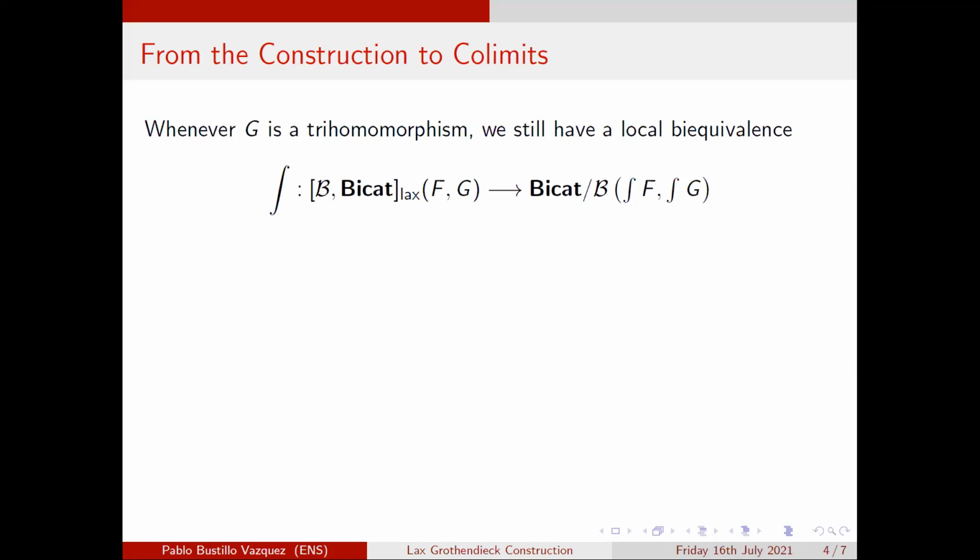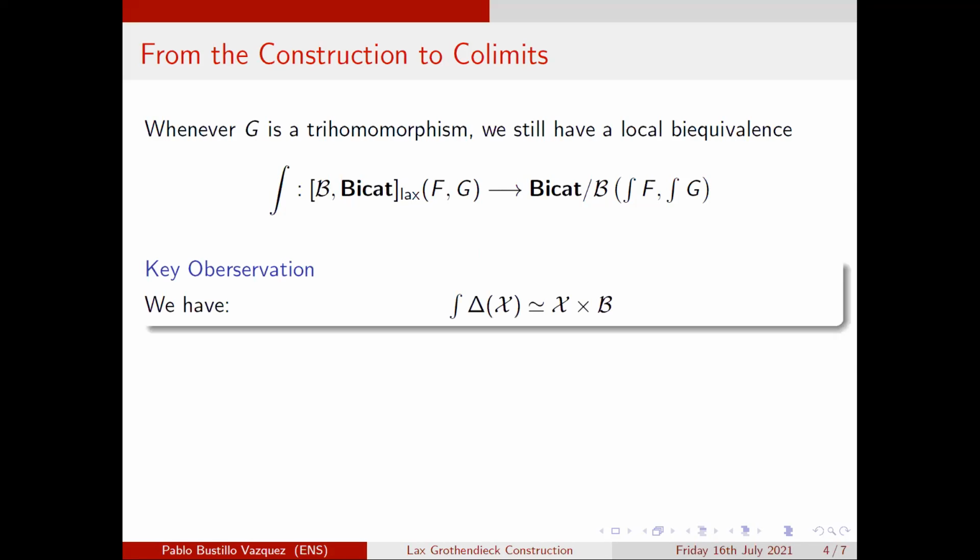Now we're getting very close to showing that the Grothendieck construction is a colimit. We just need a very simple key observation. I say very simple because it makes a lot of sense when you see the Grothendieck construction as a generalization of the disjoint union. Here, delta x is the constant functor at x.